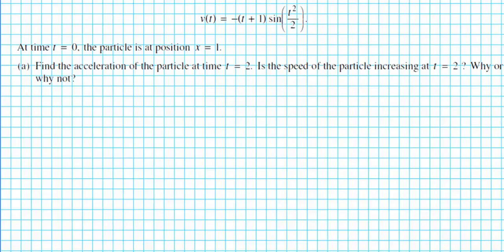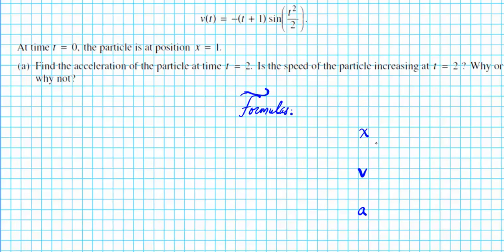All right, before we get started with this problem, let's go ahead and write down some formulas that are going to guide our problem solving process. The first one has to do with the connection between position, velocity, acceleration, and jerk. So when you're going down, you differentiate downwards and integrate upwards.